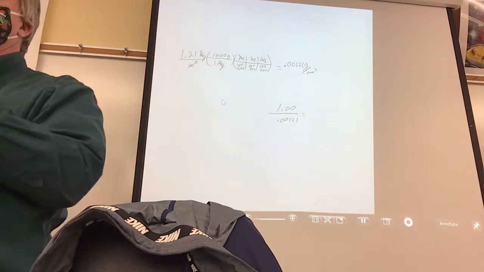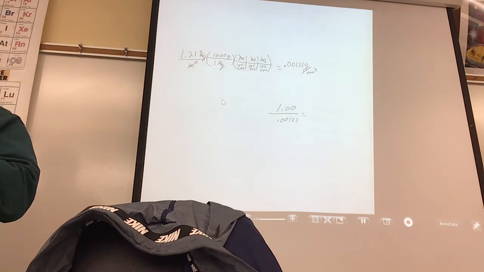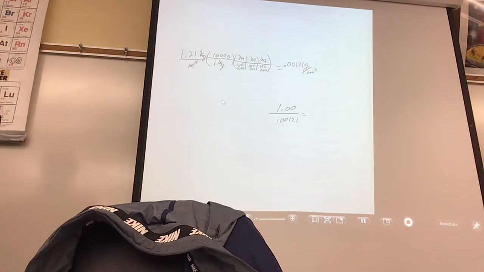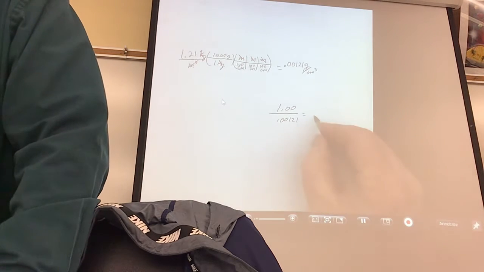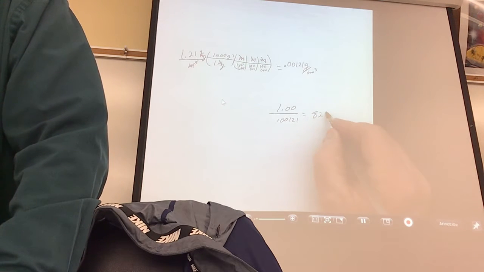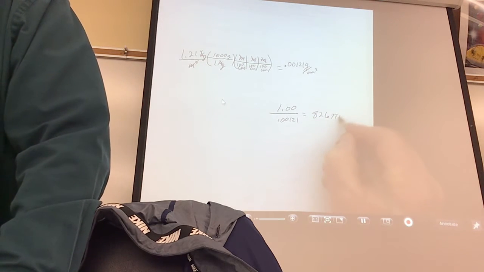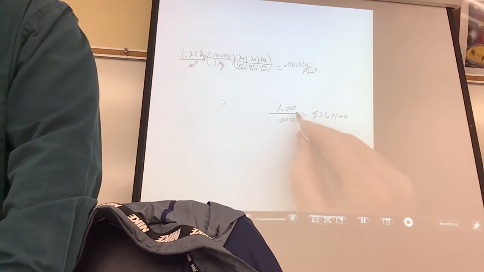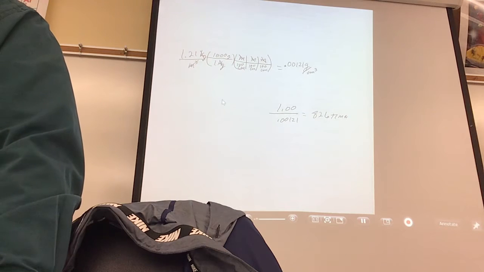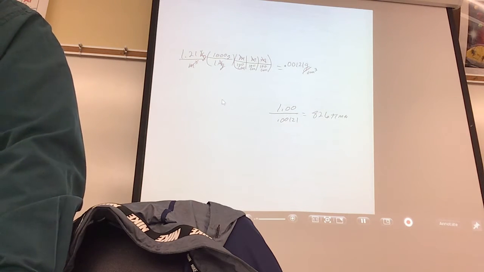Okay, so you take the big number, divide by the little number. You already have it? Wow, you guys are fast. What do you got? 826.45. Okay, that's good. I got 892. Uh-oh. Wrong. I'll do it again. One divided by 0.00121. Well, there's your problem, though. You left off a one.